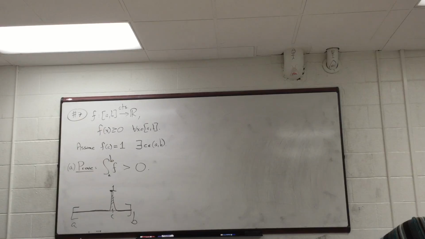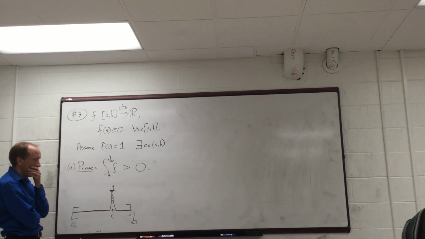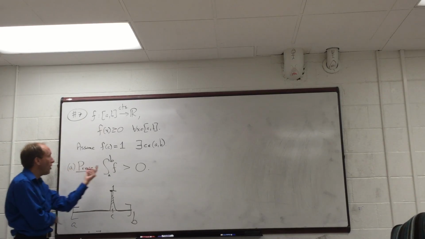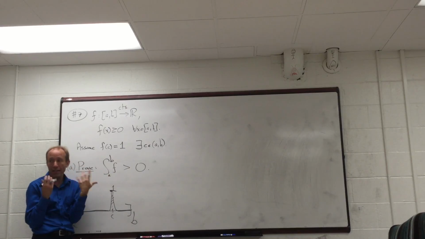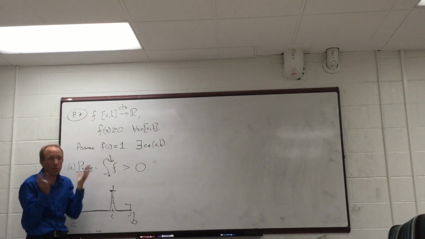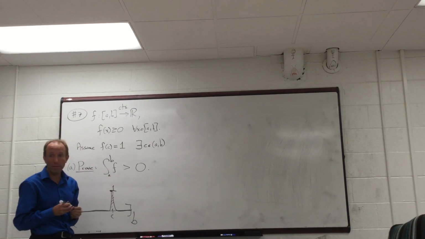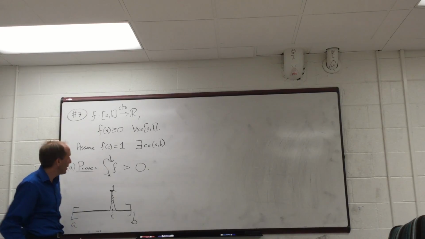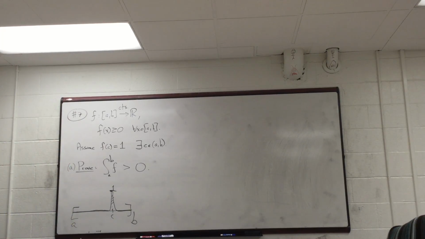Okay, so we want to try to prove this now. We're not being asked to find the value of the integral. We really can't do that because we don't have a function. We don't know what the formula is for f, so it doesn't make sense to do that.